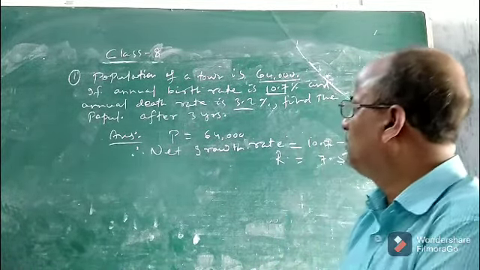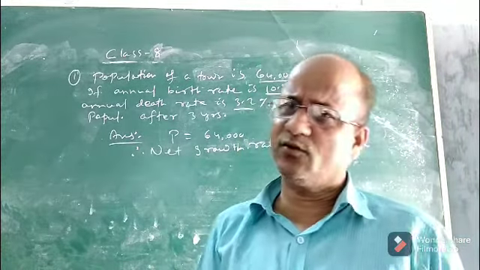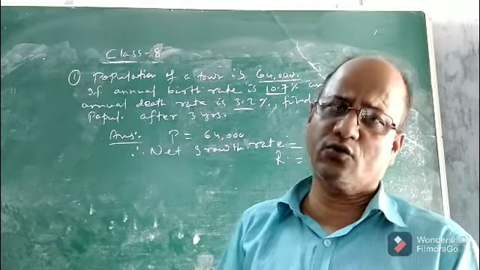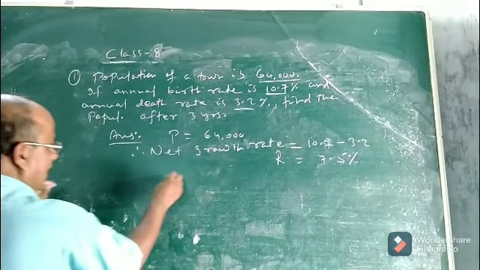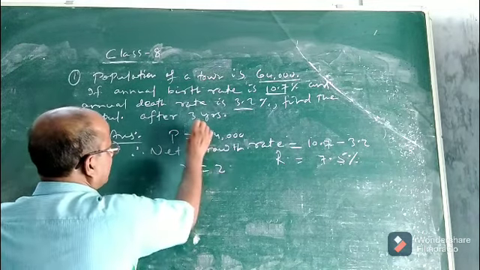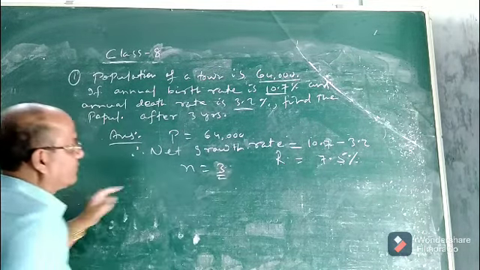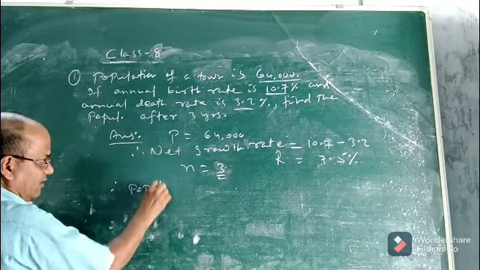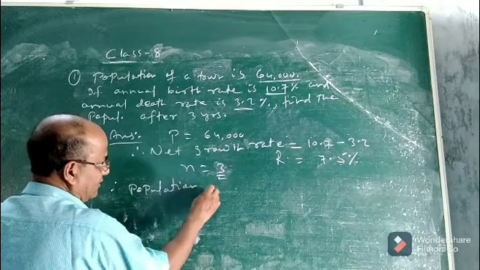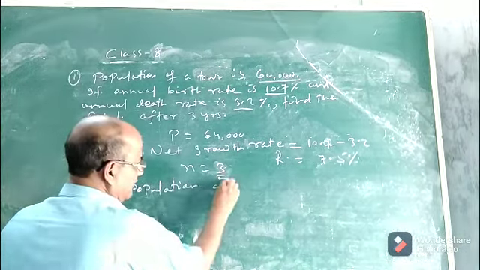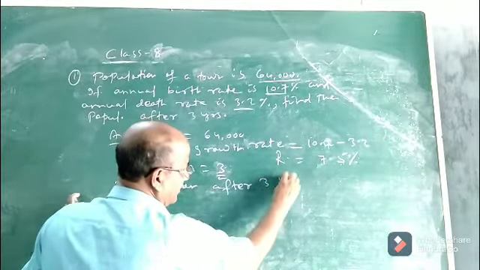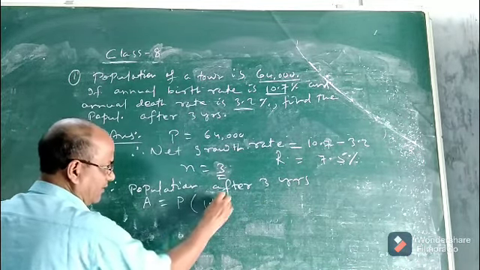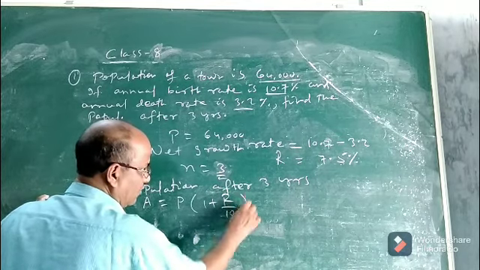So what will be the population after 3 years? You know what is the formula? P into (1 plus R by 100) whole to the power n. And n is given, 3 years. Therefore the population of the town after 3 years: A equal to P into (1 plus R by 100) whole to the power n.